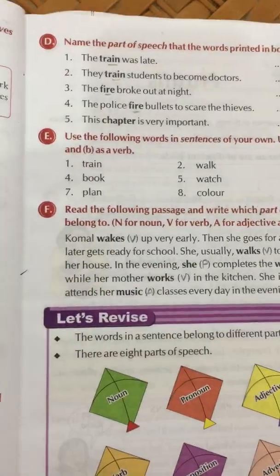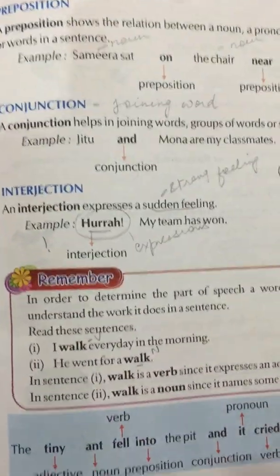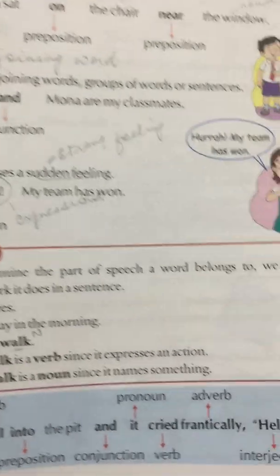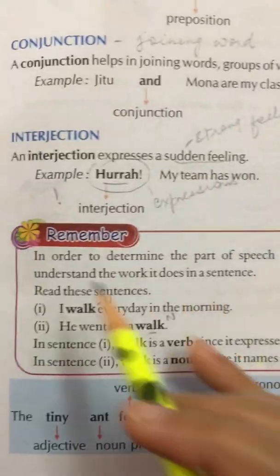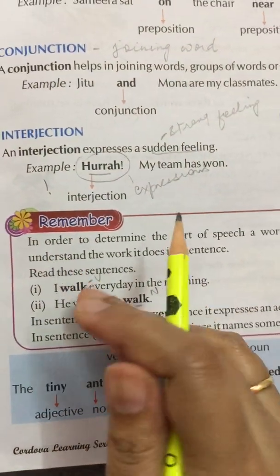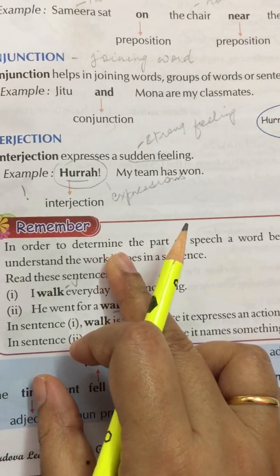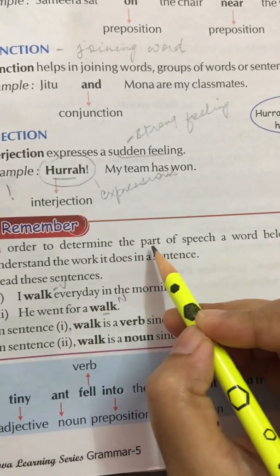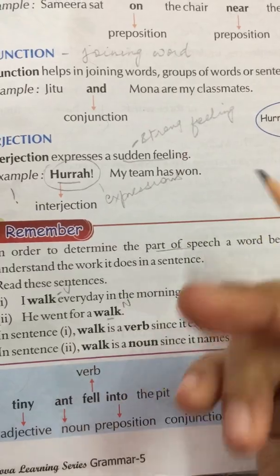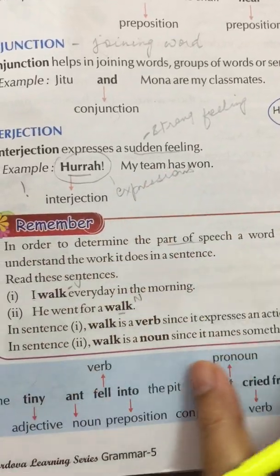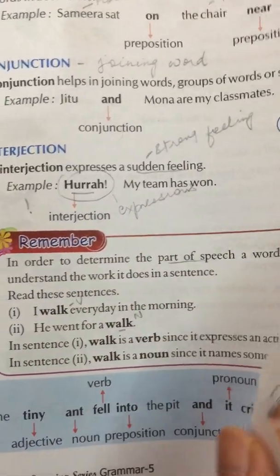So I already told you about this portion on page number 15. If you can remember, a word can function as different parts of speech. It can function as more than one part of speech. I told you in the last video, so I hope you remember that.